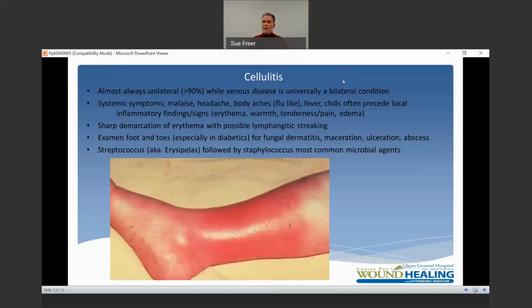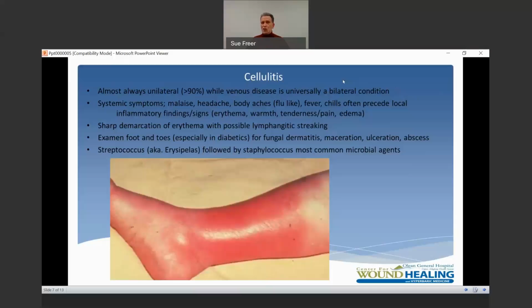With cellulitis, you'll almost always have what we call a prodrome of systemic symptoms: malaise, a headache, body aches. They almost feel like they're getting the flu. And then they'll break out usually with shaking, chills, and a fever. Also with inflammatory signs: erythema, warmth, tenderness, and pain and swelling.